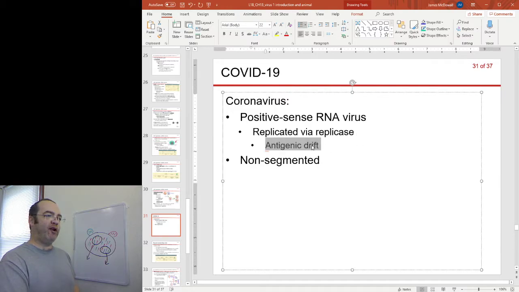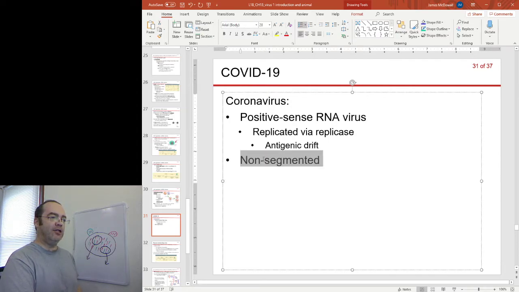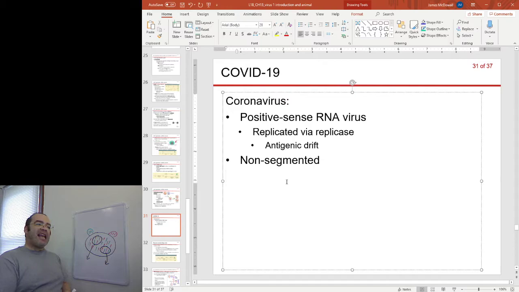Replicase lacks that proofreading, so coronavirus is susceptible to antigenic drift. But coronavirus does not have a segmented genome, so antigenic shift is unlikely in a virus like COVID-19 or SARS-CoV-2.